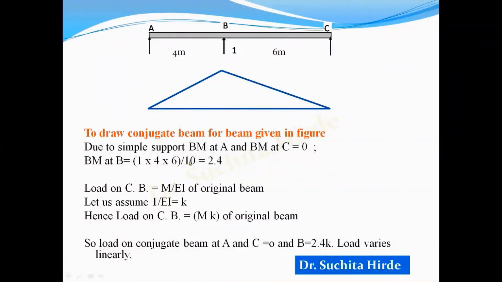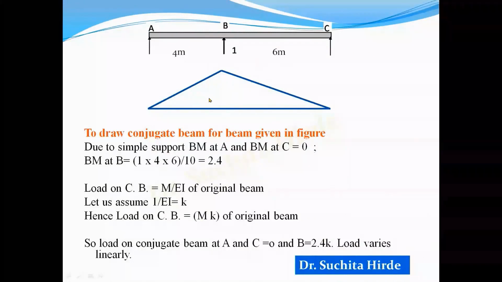WAB by L, where L means total span 10. So we get 2.4. Now why have we drawn this bending moment diagram? Because in the conjugate beam, the bending moment diagram is converted to the loading on the beam.